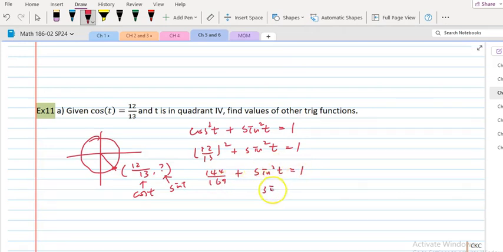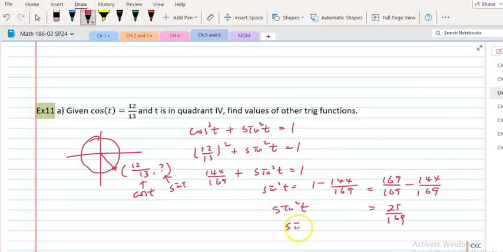Subtract: sine squared t equals 1 minus 144 over 169, which is 169 over 169 minus 144 over 169. 169 minus 144 is 25 over 169. And all of this is equal to sine squared t.